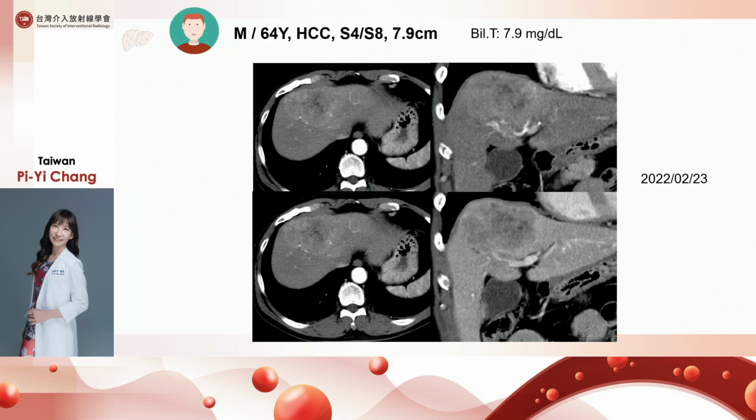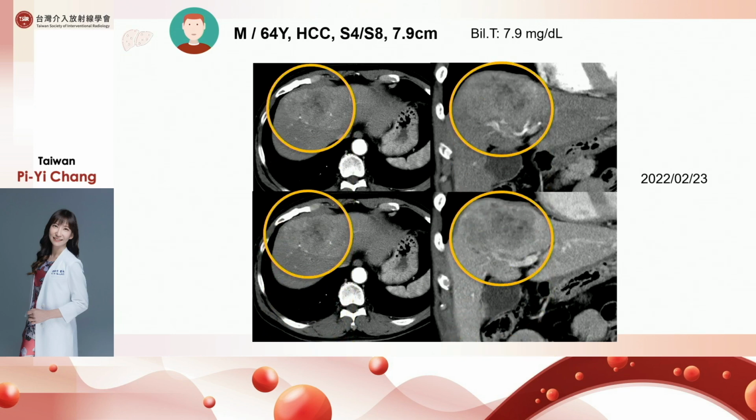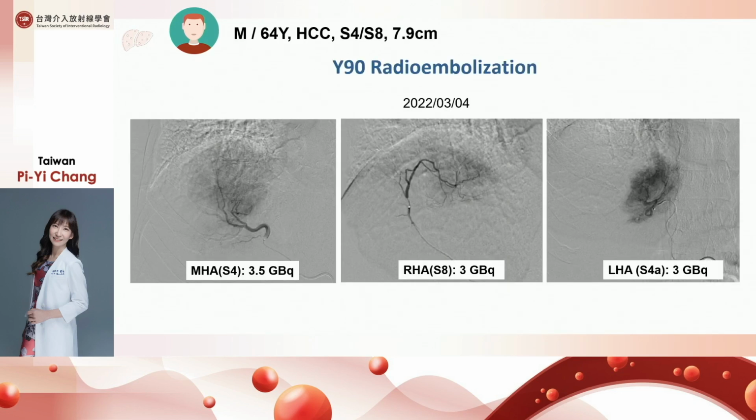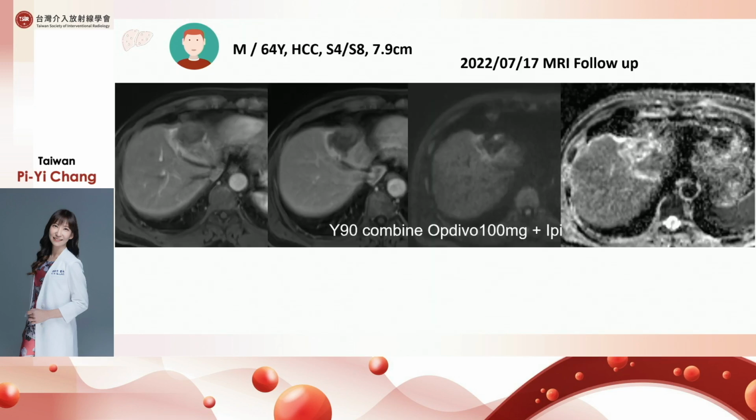A 64-year-old male with HCC up to 8 centimeters. Actually, it's not a good location either. Then we performed Yttrium-90 up to 600 gray, and we superselected the middle hepatic artery, right hepatic artery, and left hepatic artery, and also combined with immunotherapy.